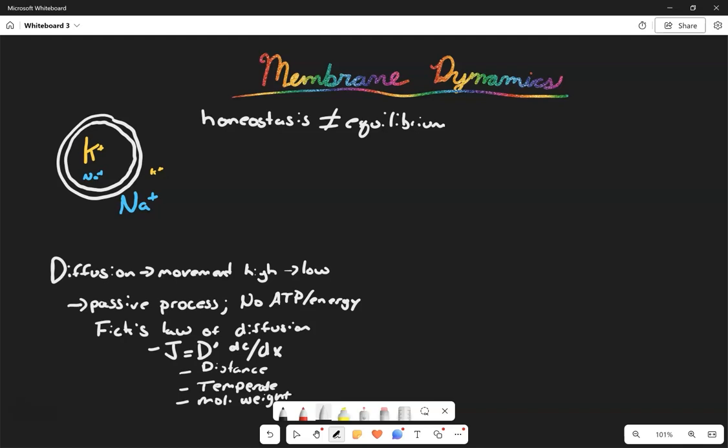Okay? And when we look at diffusion, this process can either be what we refer to as simple, or it can be facilitated. Okay? So simple diffusion, it's simple. It is movement directly across the membrane.